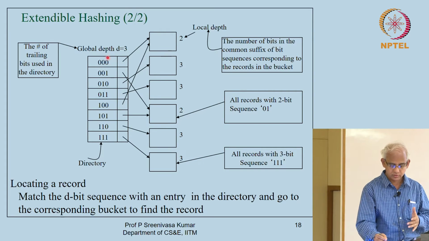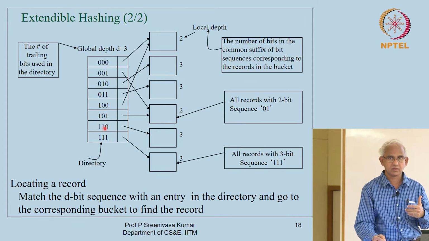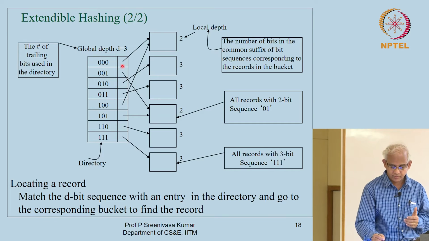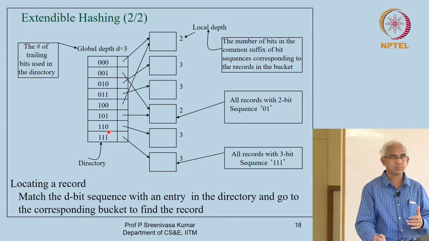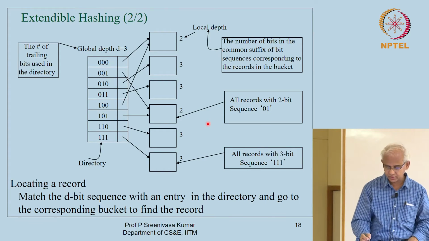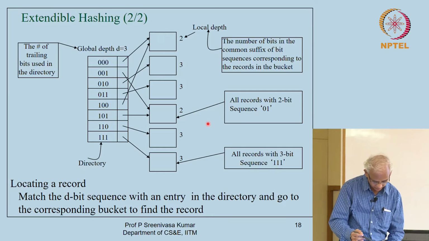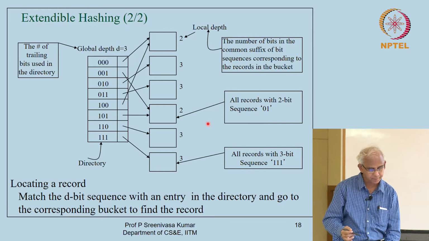In order to create that additional bit, what we will do is to double the directory structure, and remap all these pointers to the first part of the directory. We will see exactly how we do that in an example now. I will illustrate insertions.